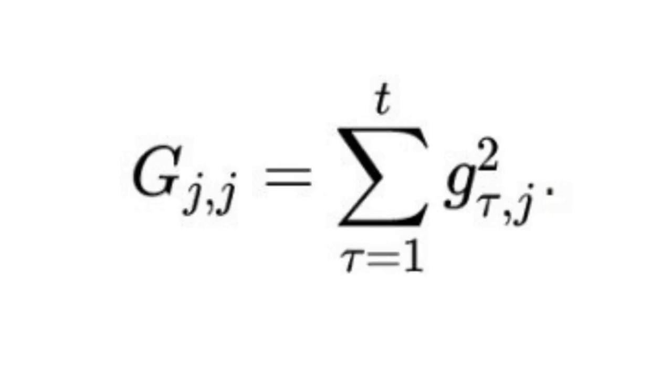Here we have a summation from time equal to 1 until the current time, and what we're summing up is the gradient to the power of 2 at a given j. Here j represents the position of the parameter that we're updating. So parameter 0 will have a j equal to 0, and so on and so forth.